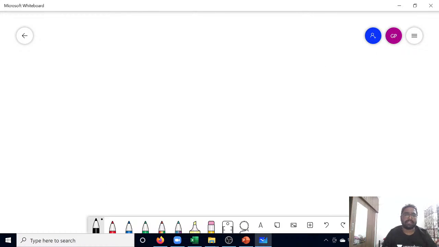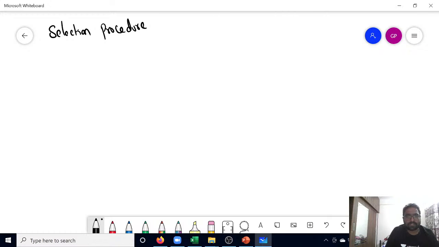Now I want to know whether selection happened or not. What should I do in the selection procedure? We have to grow the cells in antibiotic media.